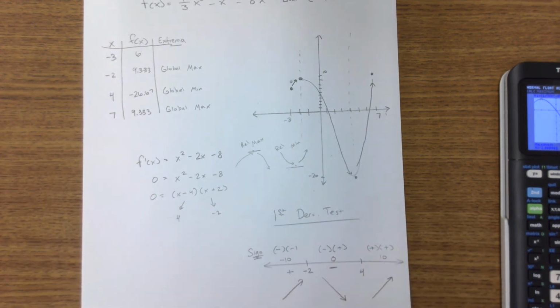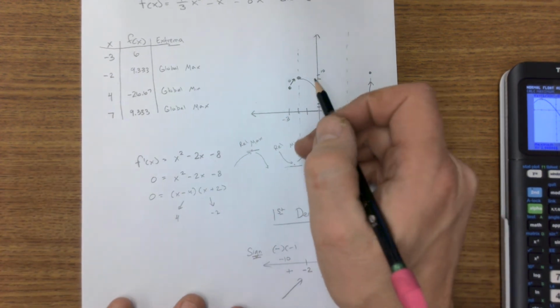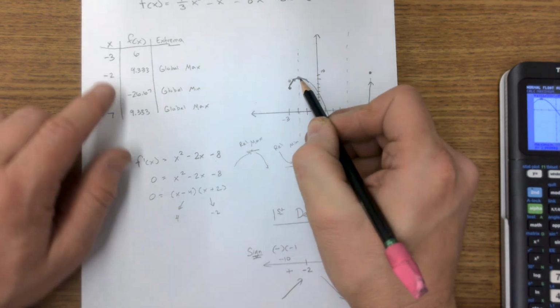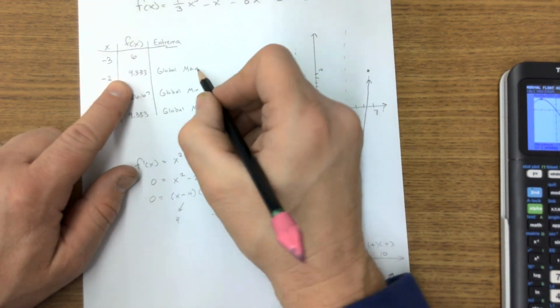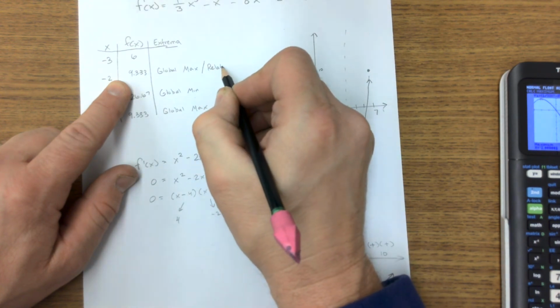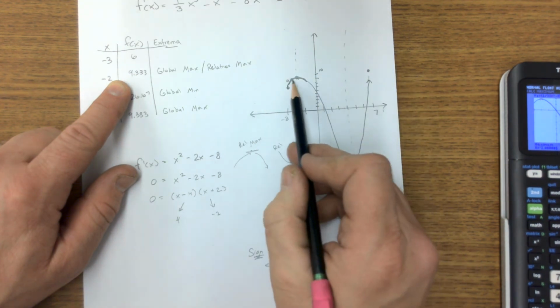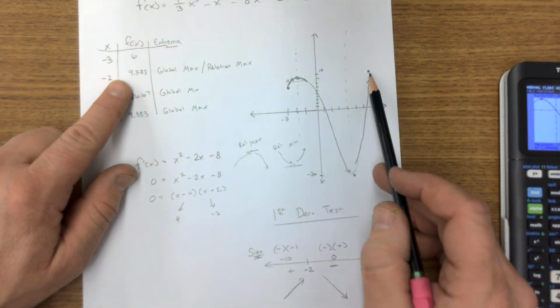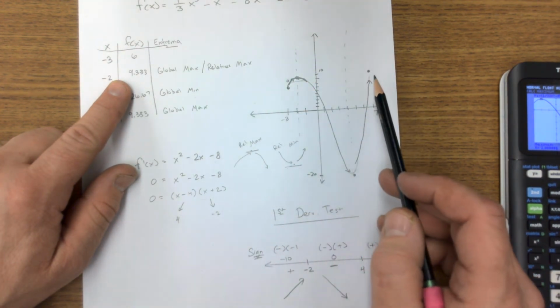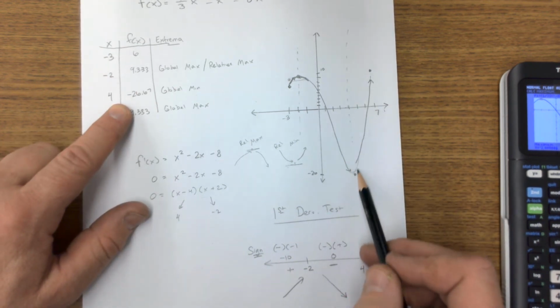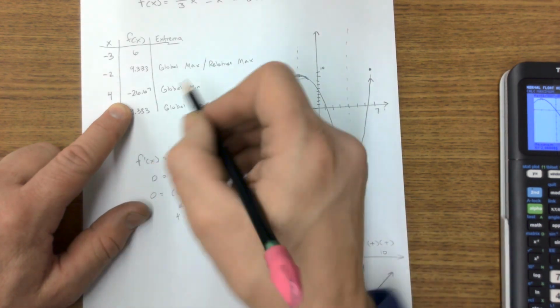However, now we have some additional stuff, right? This right here is the top of a hill, so this point right here is also a relative max because it's the maximum of this area over here. This one does not count because there isn't a left and right side. And this down here is a global minimum, but it's also a relative minimum.